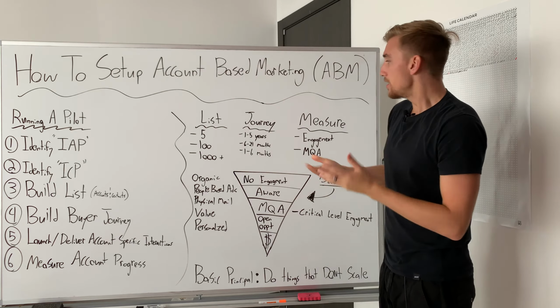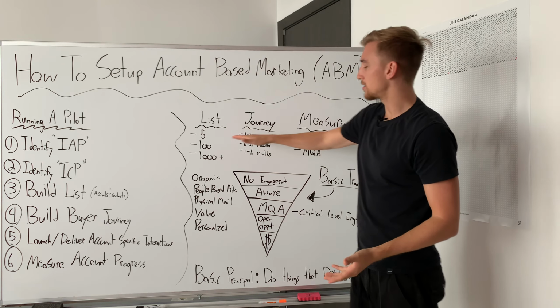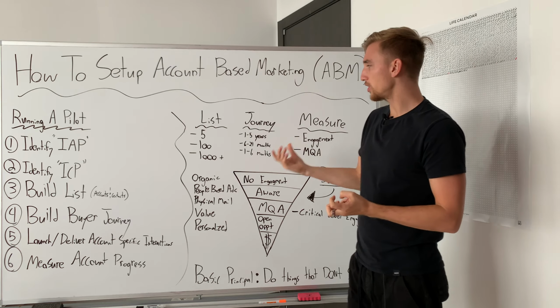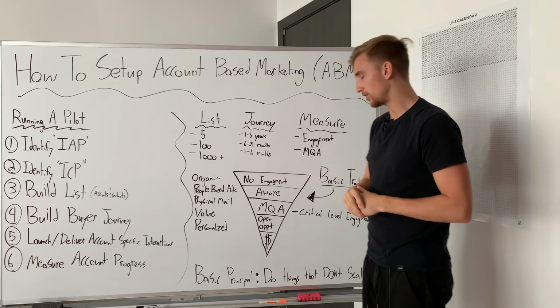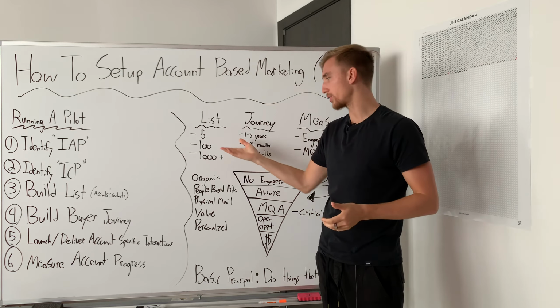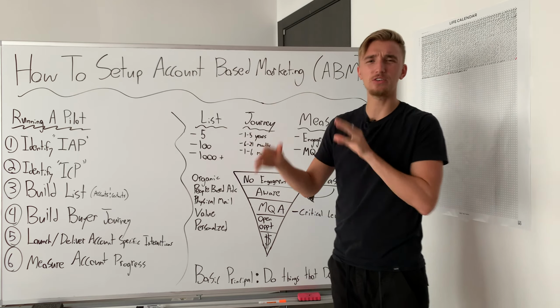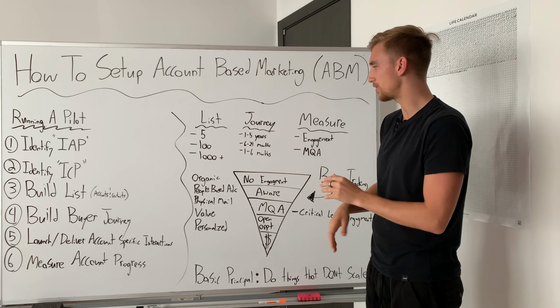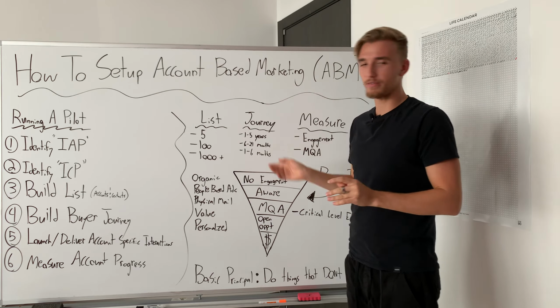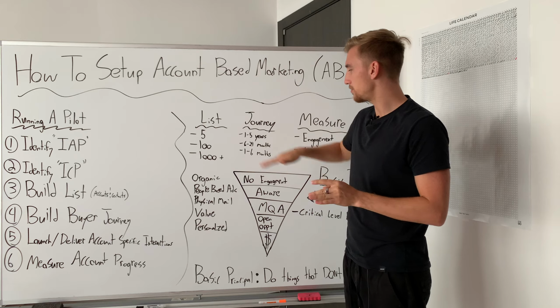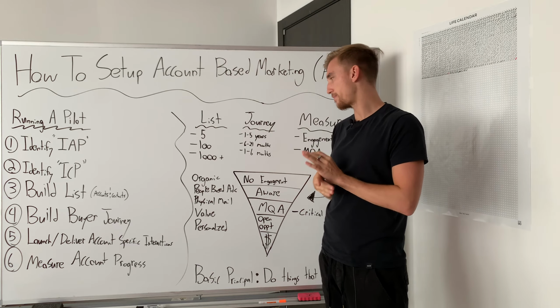Now what happens is the smaller your list, the larger the deal size and the longer the sales cycle. So we're expecting that if we're going to target 100 accounts and the retainers are between $5,000 to $15,000 per month, the sales cycle is probably going to be between 6 to 24 months. I really doubt it's going to be 24 months, but we're prepared to go that far.